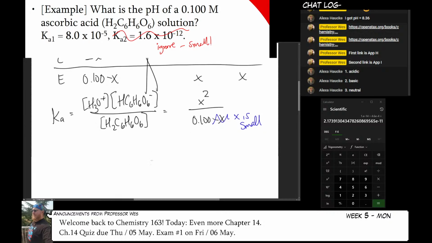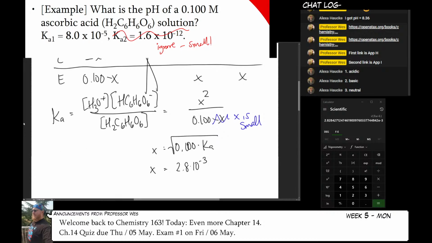We'll solve for x. x is going to be the square root of 0.100 times Ka, so our Ka is what, 8 times 10 to the minus 5, times 0.1, square root. I get 2.8 times 10 to the minus 3 equals x.